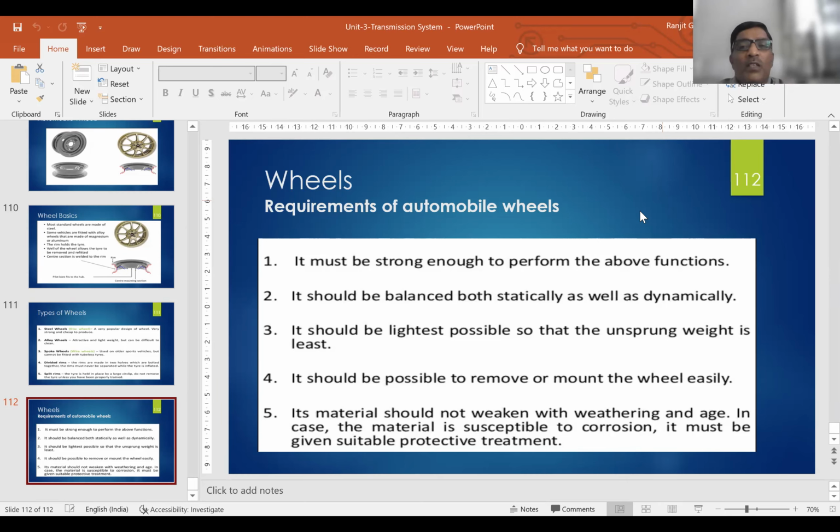So this steering system comes under the running system. So whenever the vehicle is moving from one place to another place, to negotiate.